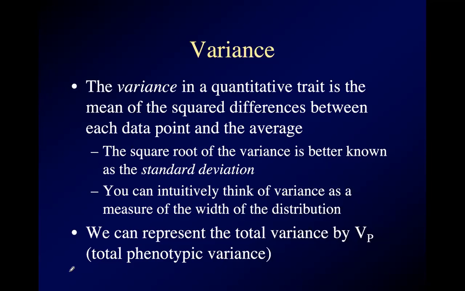And we can represent that total variance by V sub P, P standing for phenotype. So if I went out and measured a bunch of, I don't know, birds in a population, and I measured, let's say, wingspan, I'd get a bunch of numbers and I could calculate the total phenotypic variance in all those numbers.